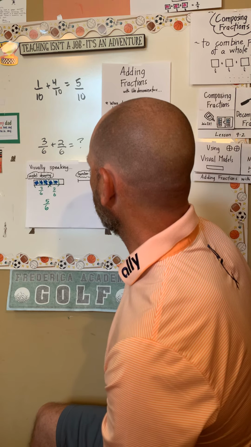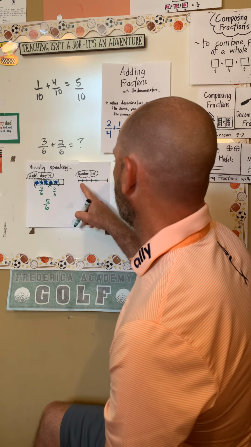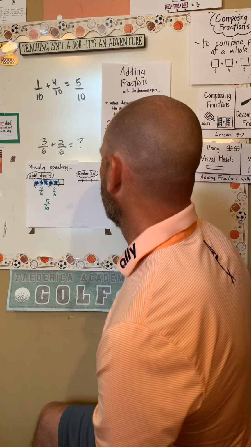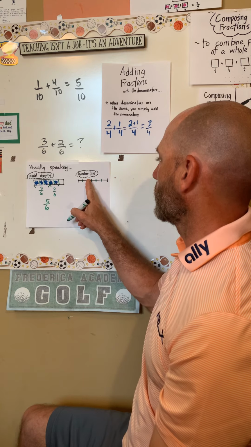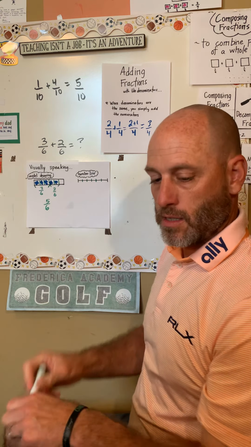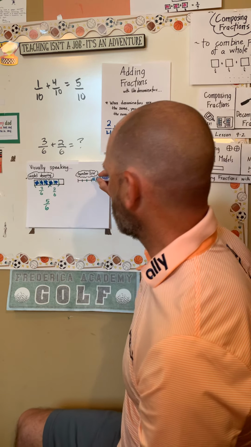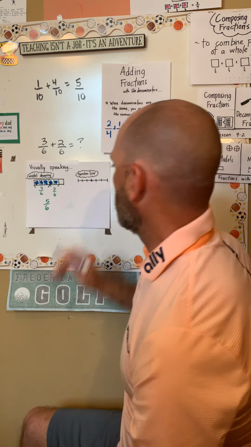Now, if I was using a number line, same thing. I'm going to divide my number line into 6 parts. 1, 2, 3, 4, 5. I have 6 spaces and 5 lines. If I make 3/6, that is already on that 3rd line.